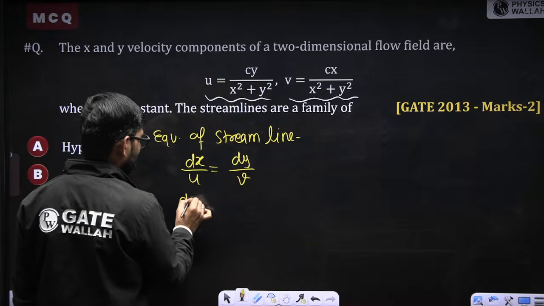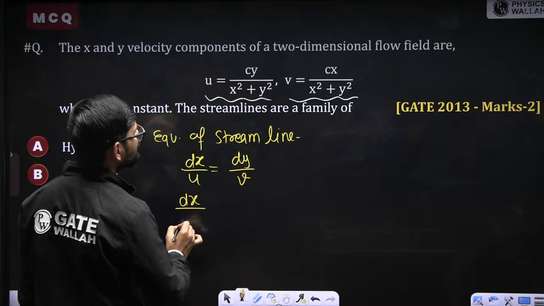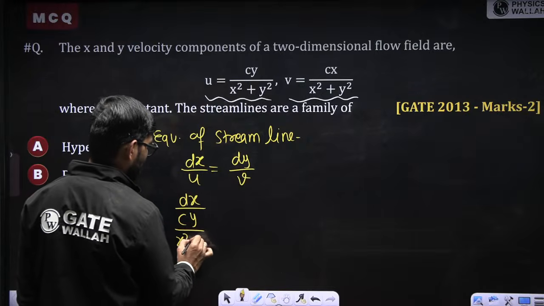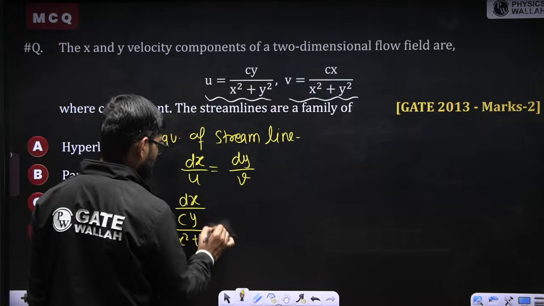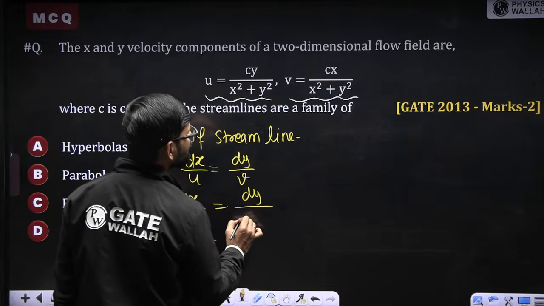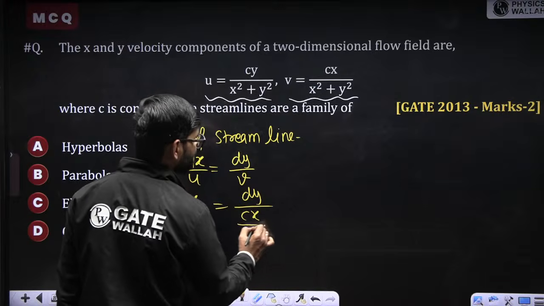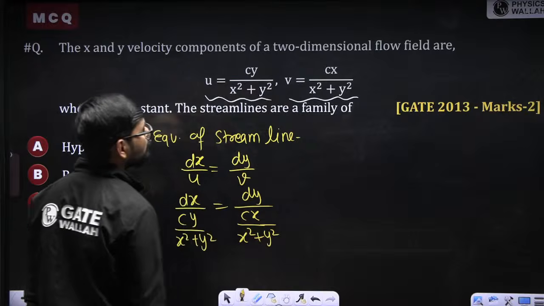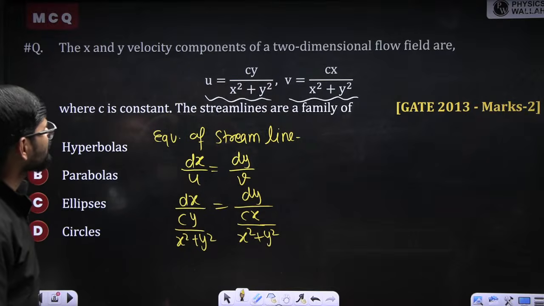So we can write dx by u, which is cy by x square plus y square, equal to dy by v, which is cx by x square plus y square. Both are plus only.